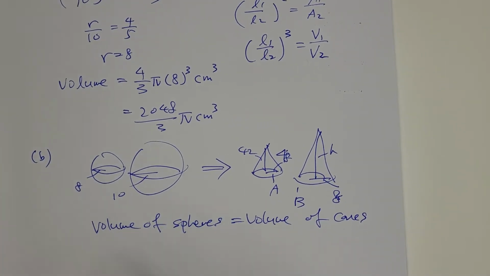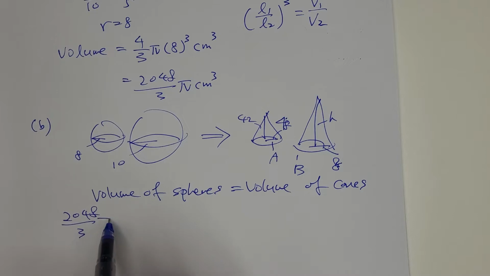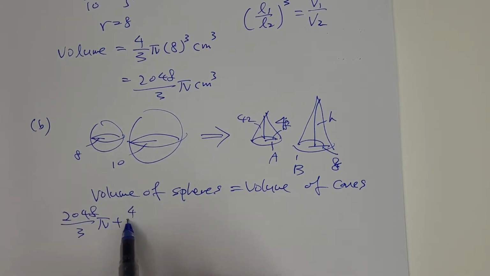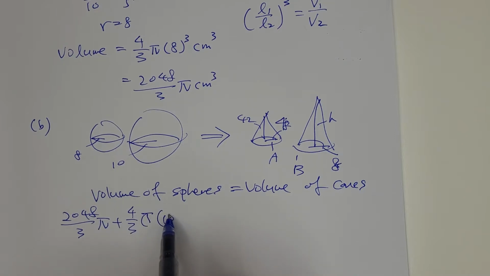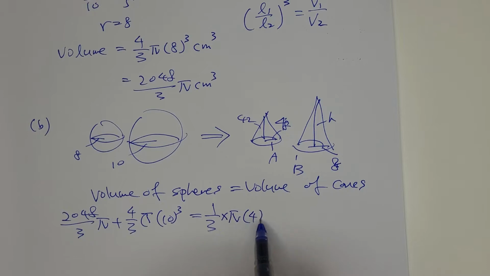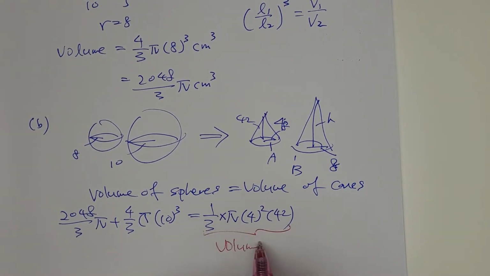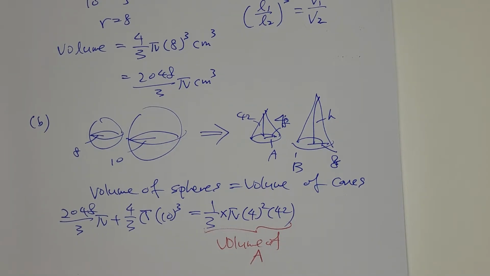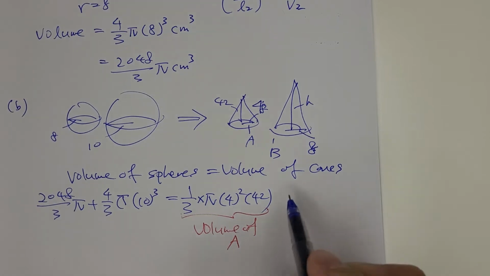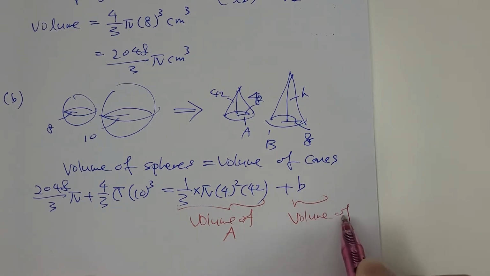Now you can set up the equation: 2048 over 3 times pi plus 4 over 3 times pi times 10 to the power 3, that is the volume of two spheres, equals 1/3 times pi r squared times height, that is the volume of cone A, plus another value b. We let b be the volume of cone B.